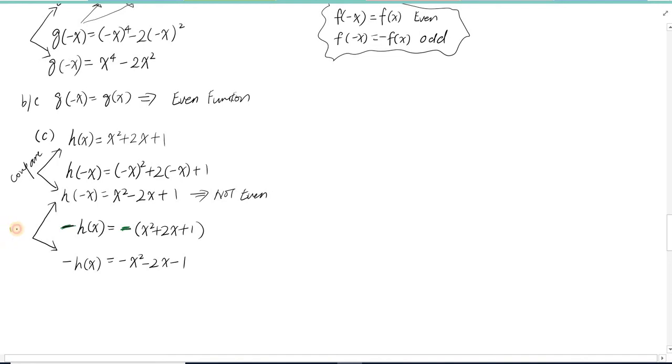I compare them, and I realize they are not the same, because here we have negative x squared and here we have positive x squared. Also it's positive 1 and negative 1, so this means not odd. Since we're not even and also not odd, the answer is neither.